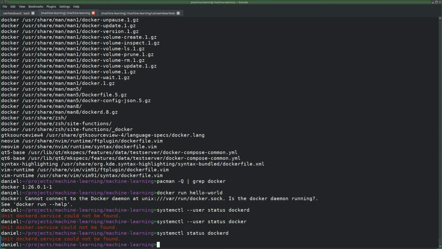Nothing exists. Maybe that is a new, can't add user to Docker group. How is that related to not having Docker daemon? I think I simply don't have the Docker daemon running, I think.